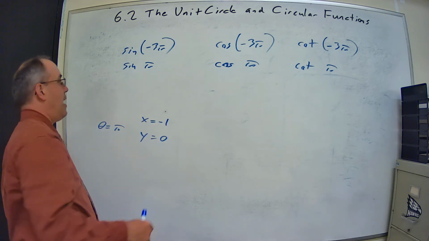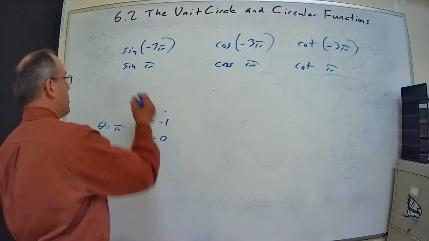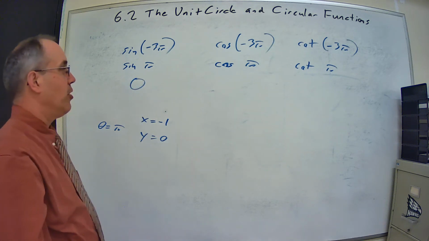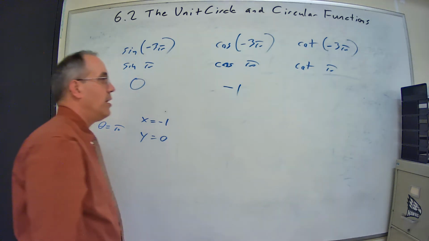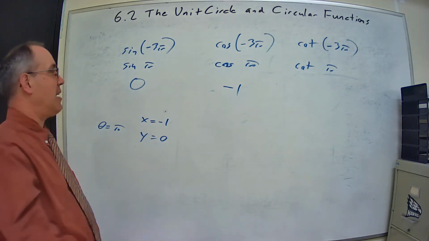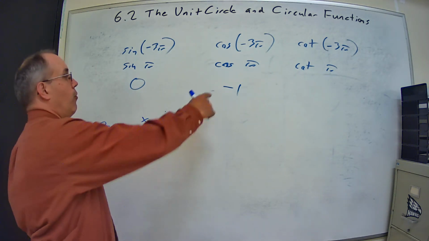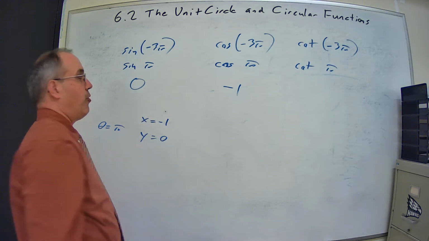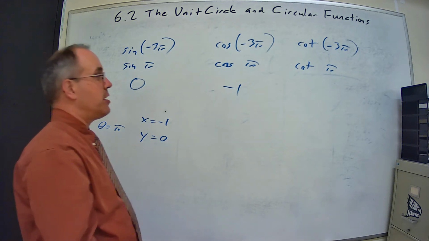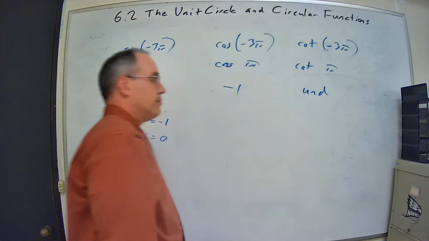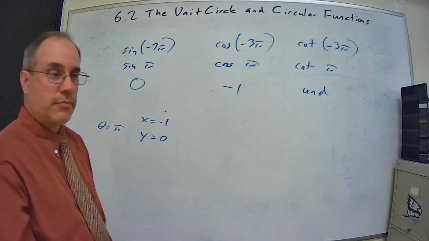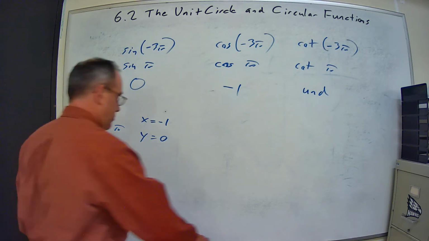So what's the sine of pi? Well, that's y, so that's 0. What's the cosine of pi? That's x, negative 1. What's the cotangent of pi? That's x over y, or cosine over sine, negative 1 over 0, that is undefined. So undefined. That wasn't so bad.